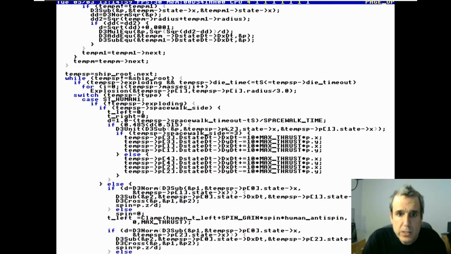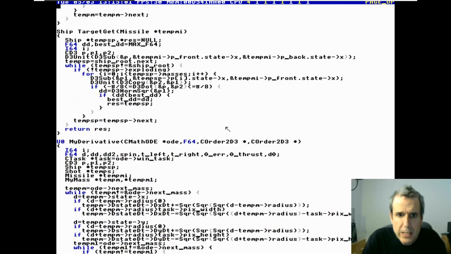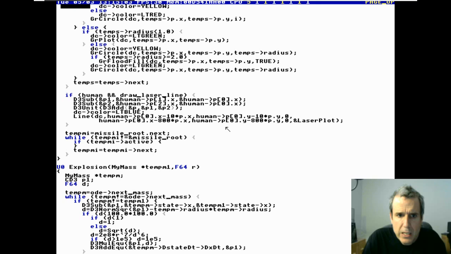Now we plot the targets. If target, temp SP equals target.